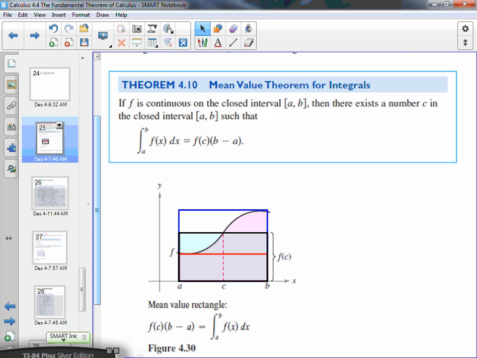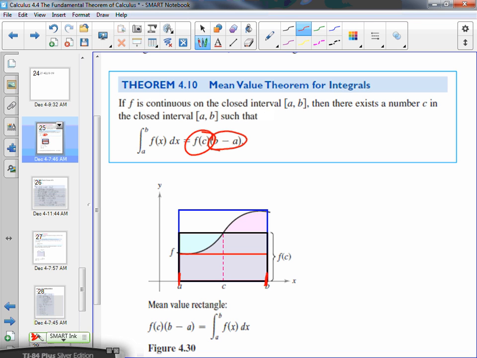Well, where does all this come from? b minus a, if the interval of our region goes from a to b, isn't b minus a the base of that, in this case, black rectangle? f of c. c is what we don't know. It's in there somewhere between a and b, but if the x-coordinate is c, then that y-coordinate there would be f of c.